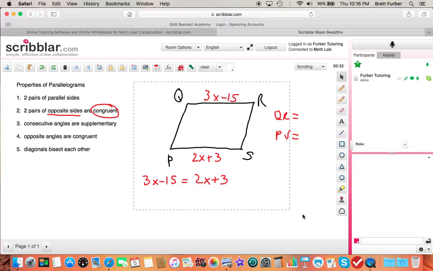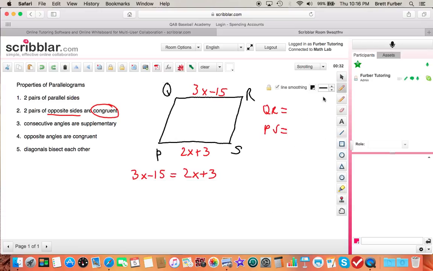Okay, so let's go ahead and solve this. We want to get the variables on the same side. So when I solve for x, I'm going to get that x is 18. Okay, so that's one part of what I'm supposed to do.